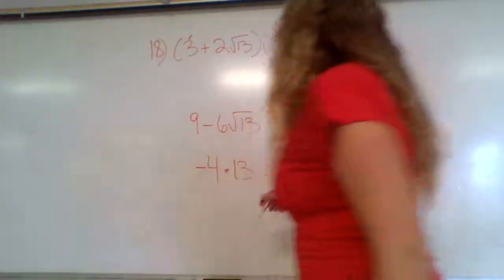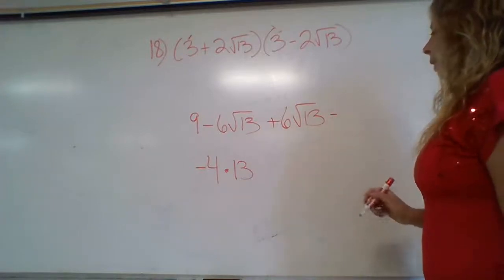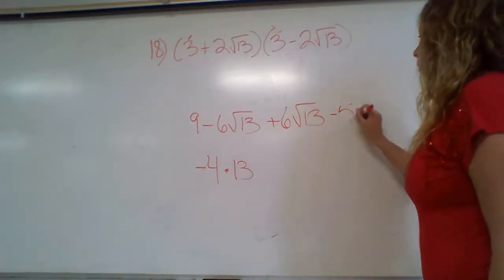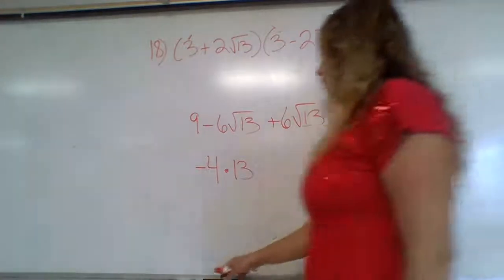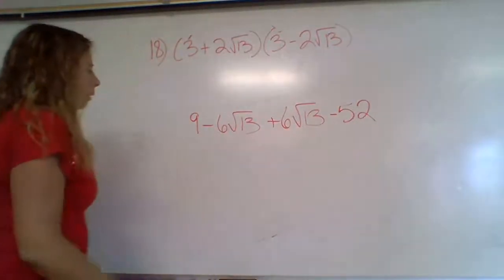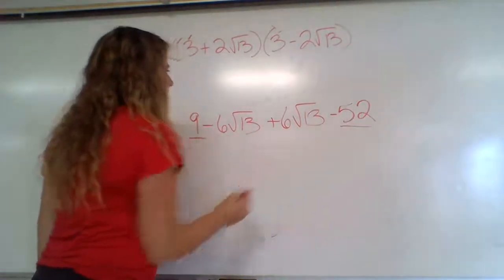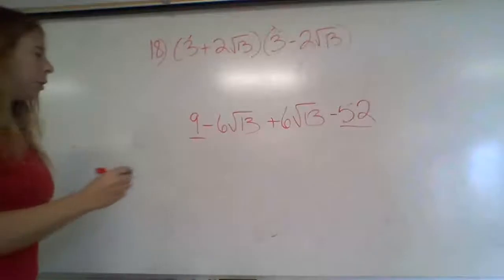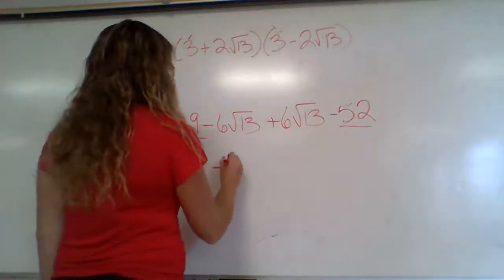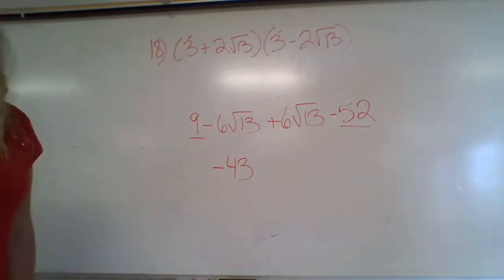So that is negative 4 times 13, which is negative 52. And then combine. So I have 9 and negative 52. 9 minus 52 is negative 43.